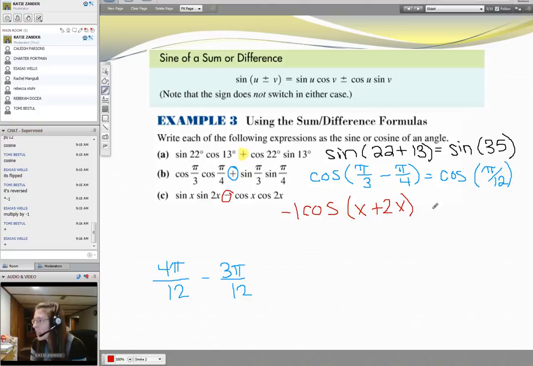So technically, this is going to be a negative cosine of 3x. So just keep an eye on if they flip it around like that, because we will need to multiply by a -1 out front for that formula to work. They do try to be a little bit tricky like that, but we'll make sure that we are keeping an eye out for it.